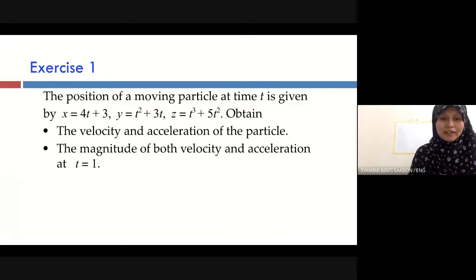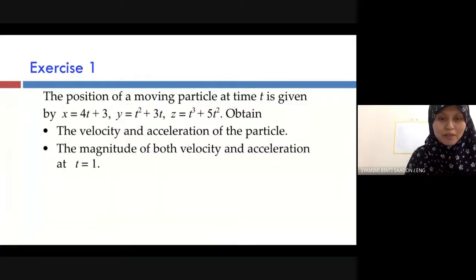So we write what it was just now: x is 4t plus 3, y is t square plus 3t, and so on.